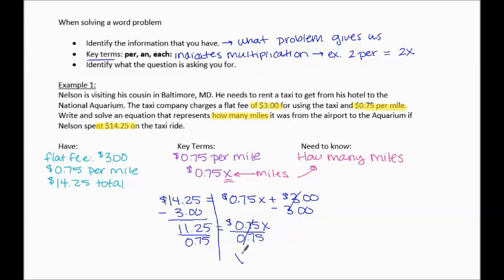They cancel. x is going to be equal to, on your calculator you can do this, 15. What that means in my problem, how many miles? 15 miles. That is the distance from the airport to the aquarium.